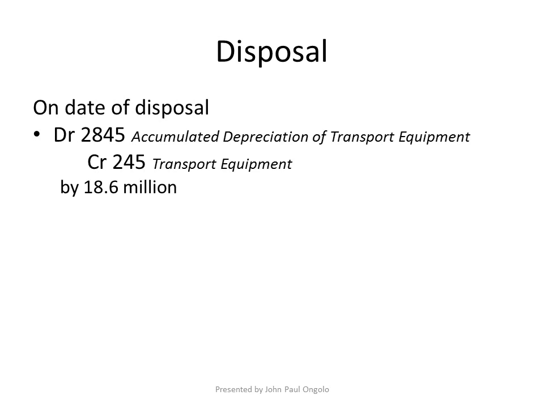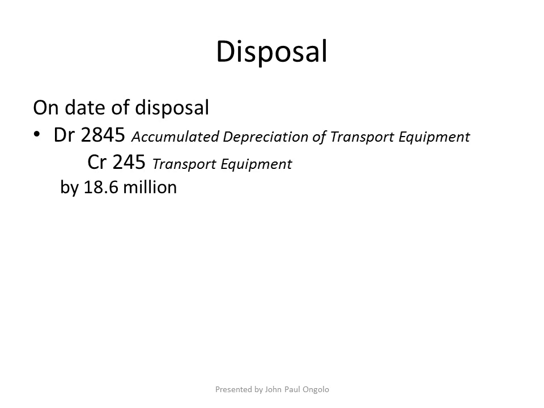But it's interesting to see that we are closing the account by crediting transport equipment. So we are sending the balance of account 2845 accumulated depreciation to account 245 transport equipment. The balance is transferred to that account. So in account 245 transport equipment, we now have the cost on the debit side, which was 36 million, and total accumulated depreciation on the credit side, which is 18.6 million.